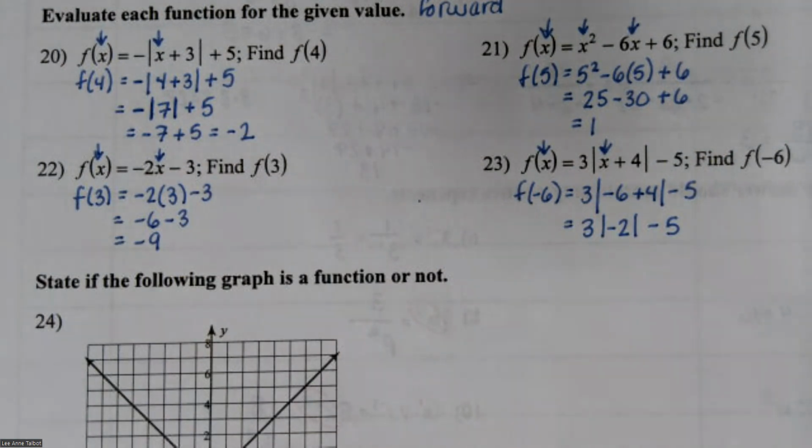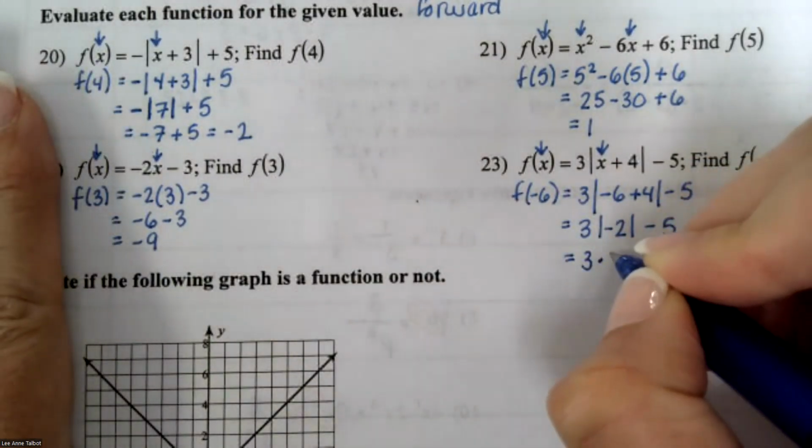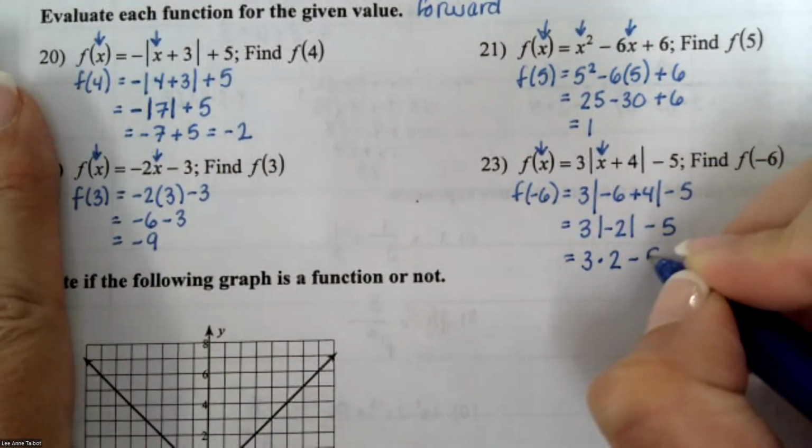And what do you do when a number is just glued on the front? Yeah, that's times, right? Super important. We had some questions about that on the first quiz. What do you do when a number is just glued on the front? It's times. So this is 3 times 2 minus 5.